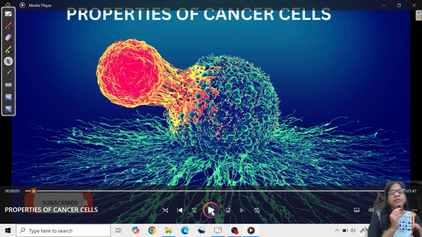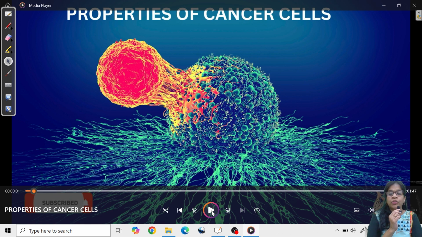The cancer cell doesn't have a proper cell signaling mechanism, due to which there is no proper proliferation inhibition. It doesn't have proper differentiation, I can say it is an abnormal differentiation, and the same goes for the survival capacity.